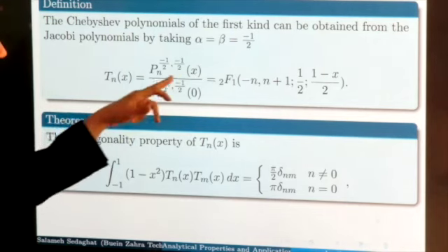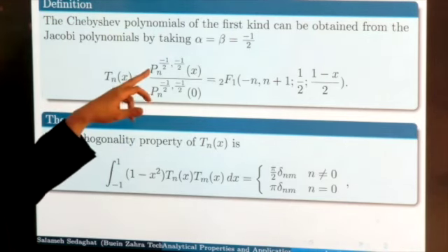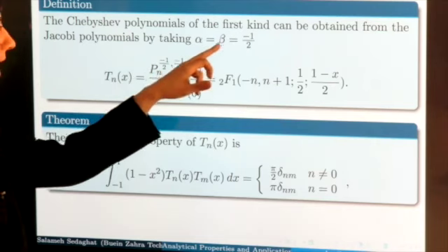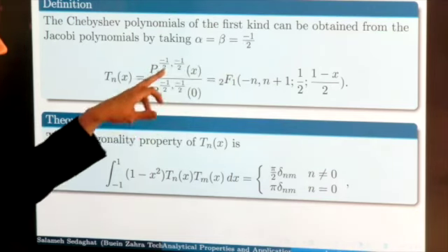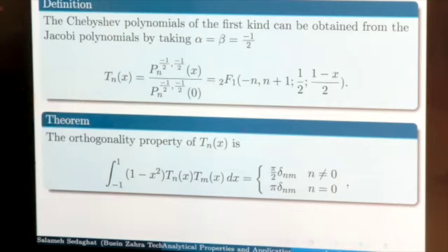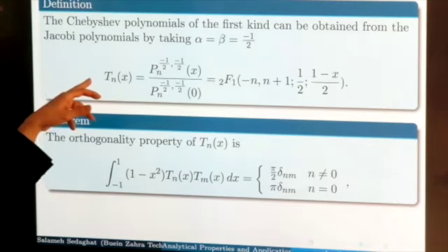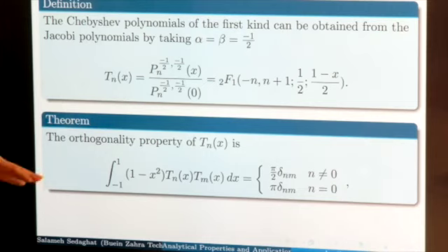So when we set alpha and beta equal to minus half in Jacobi polynomials, we can obtain Chebyshev polynomials. And we use Chebyshev polynomials as base functions for solving differential equations and other differential equations, for example fractional differential equations, very much.